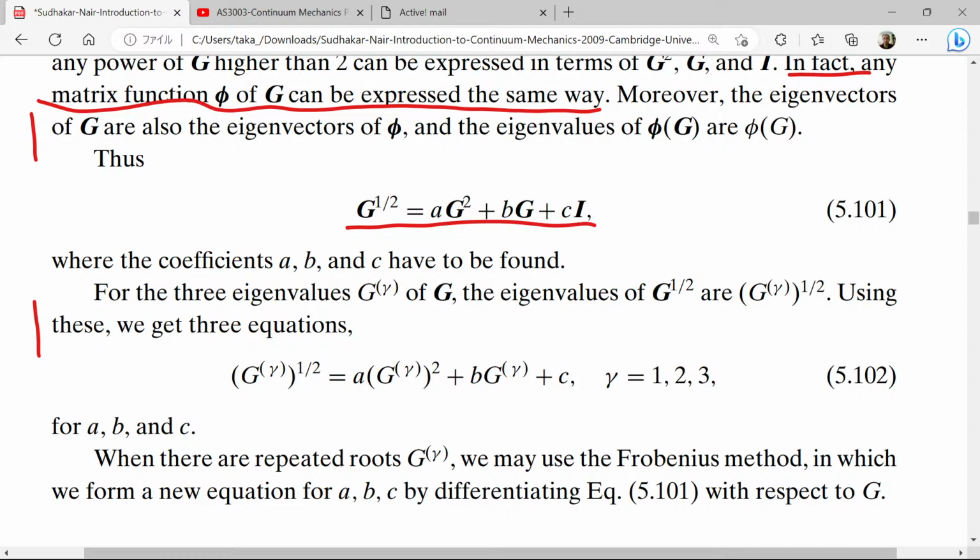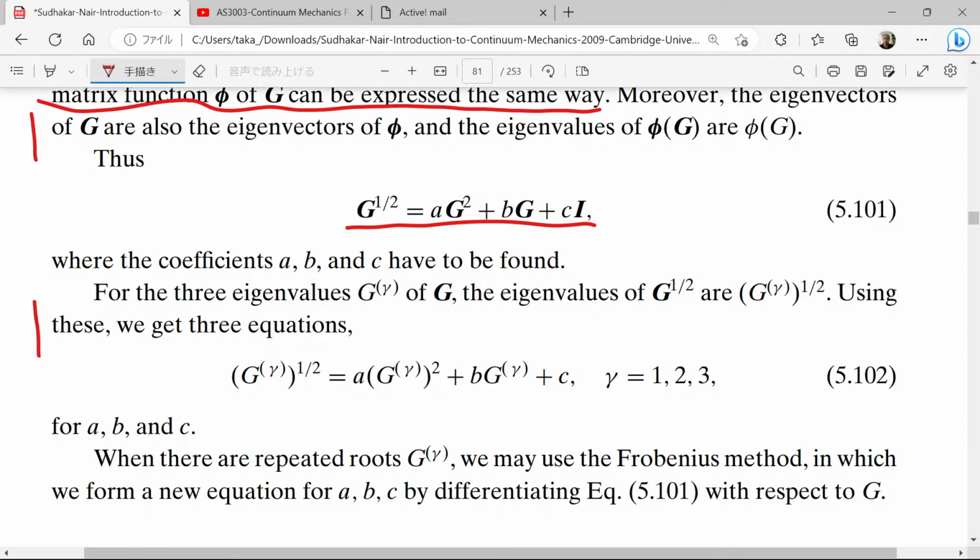I'm not very sure. Differentiating G. Frobenius.